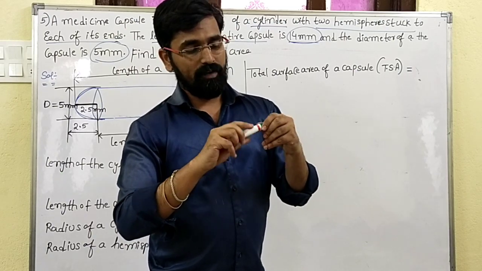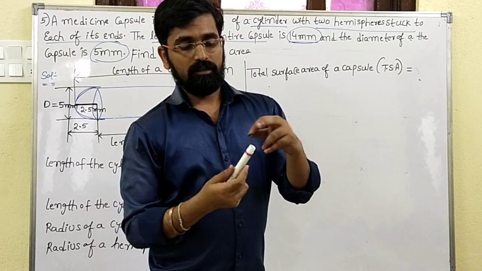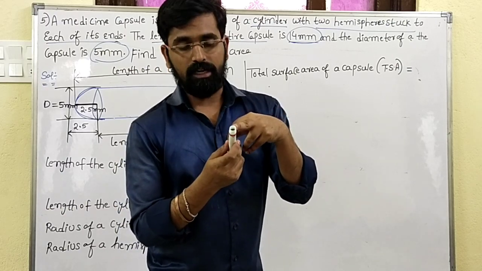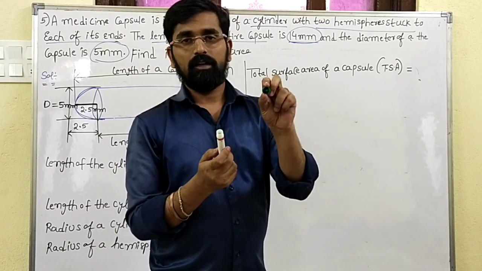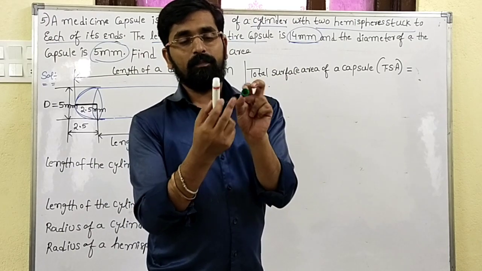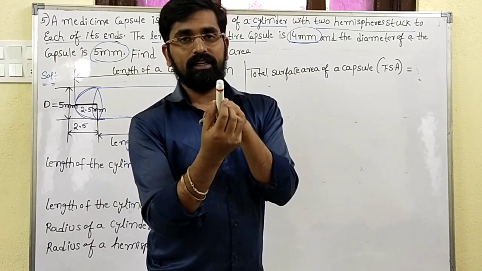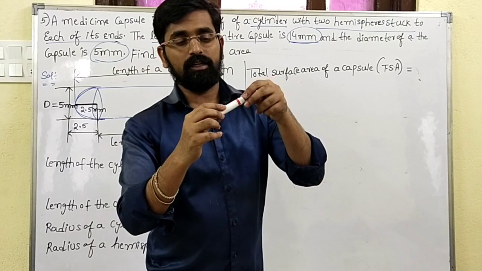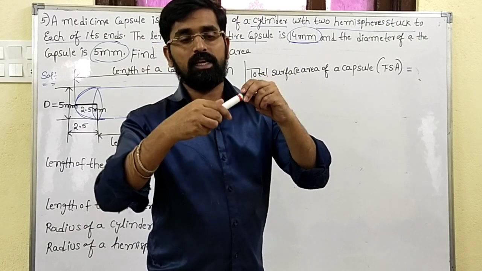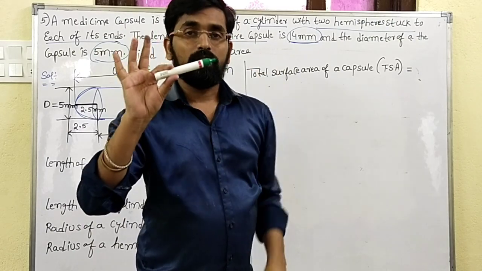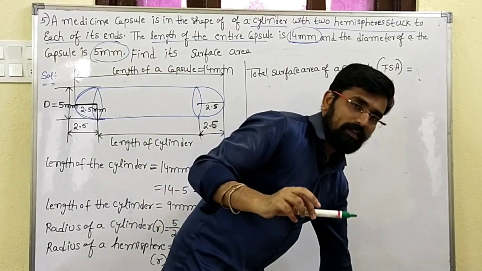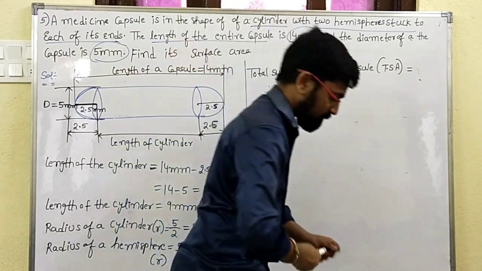So the CSA of a cylinder, one side open, is called the CSA, and the CSA of a hemisphere. The CSA of the cylinder plus the CSA of the hemispheres gives us the total surface area of a capsule. Are you getting it?